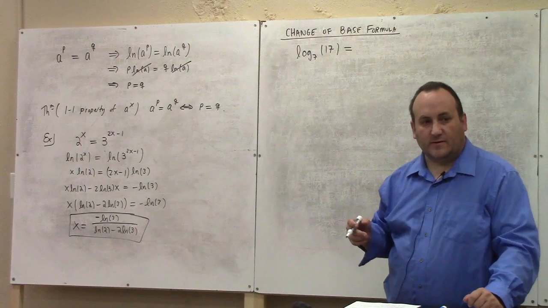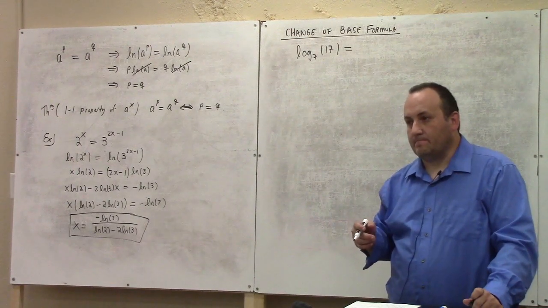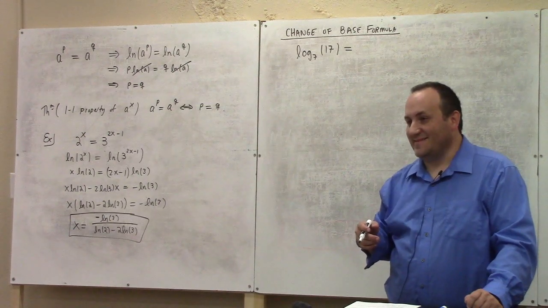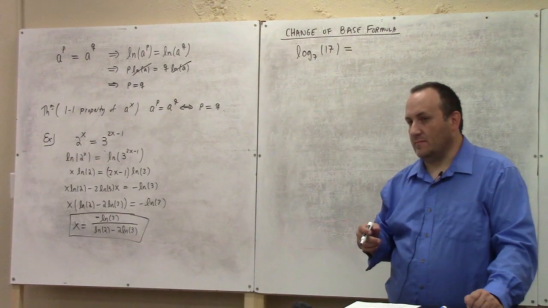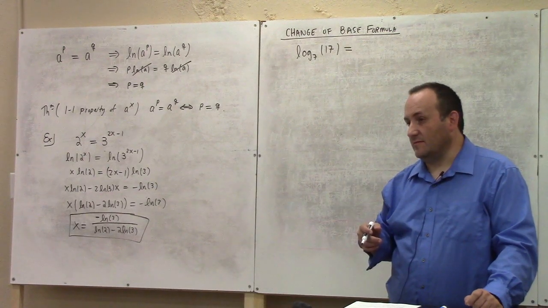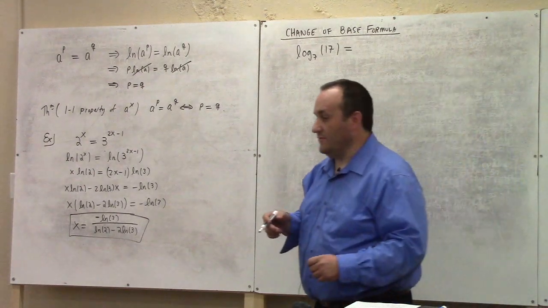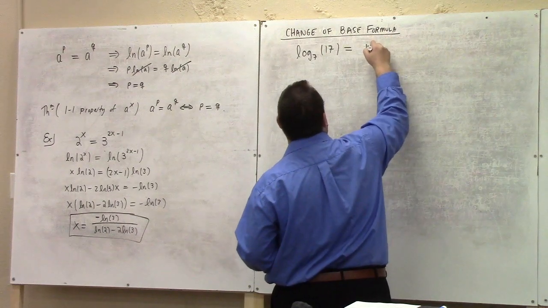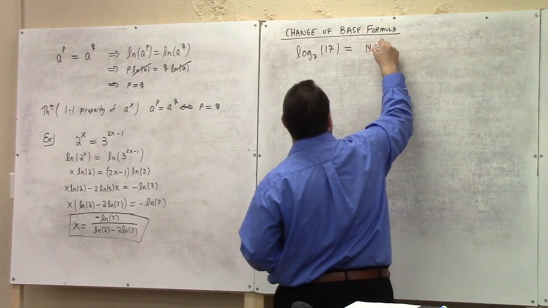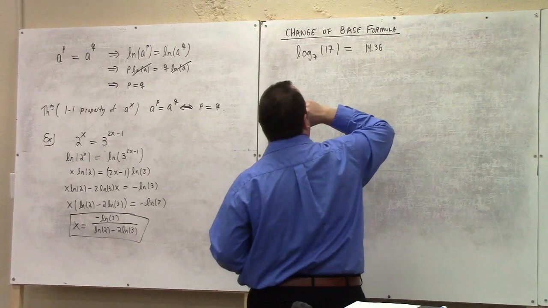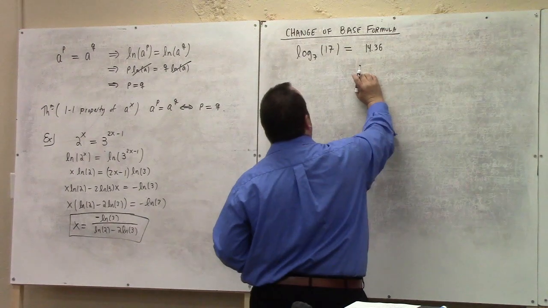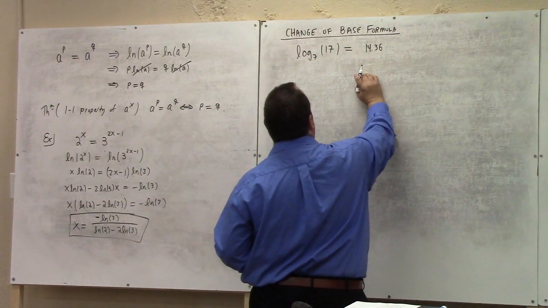I wouldn't know where to find log base 7 on my calculator. Oh, you have log base 7 on your calculator? Curses. You have a log base A? I mean, you might. What'd you get? Tell me the number. 14.36. Yeah, but that's running out already. It's probably not right. That doesn't feel right to me.